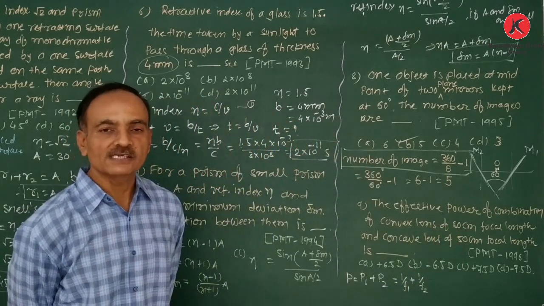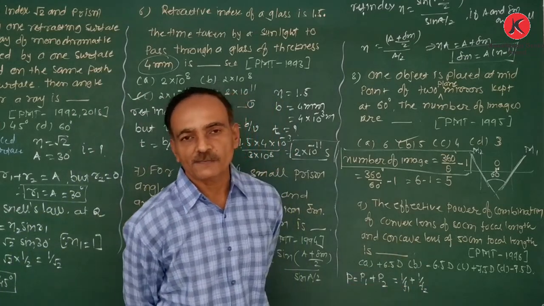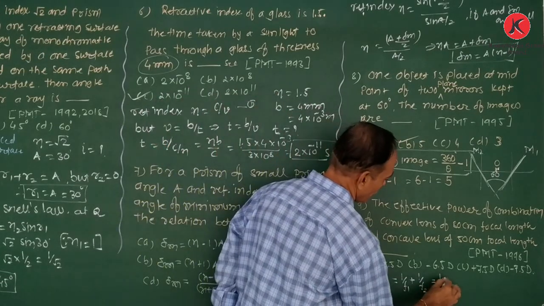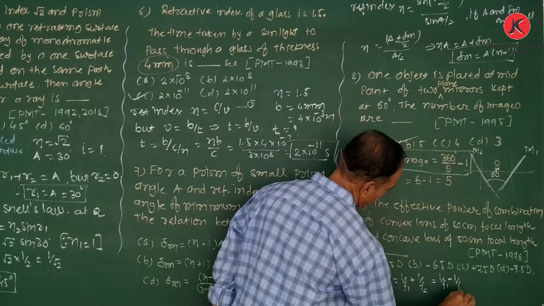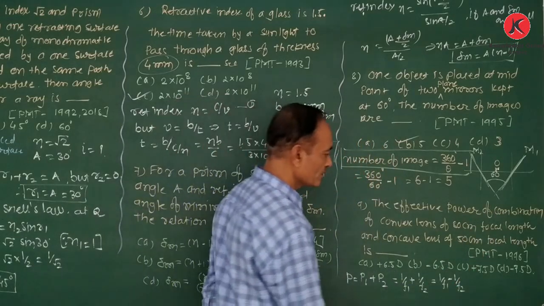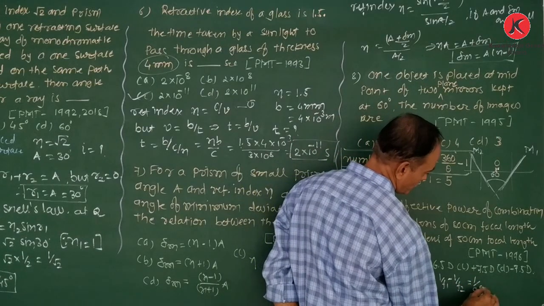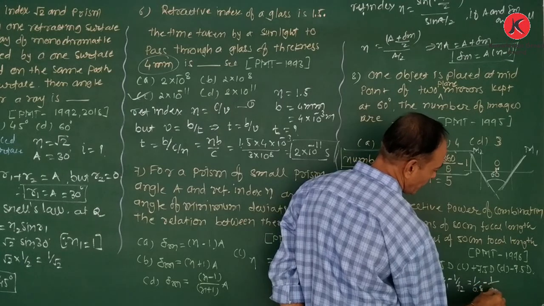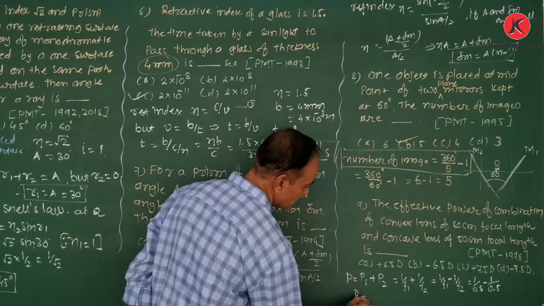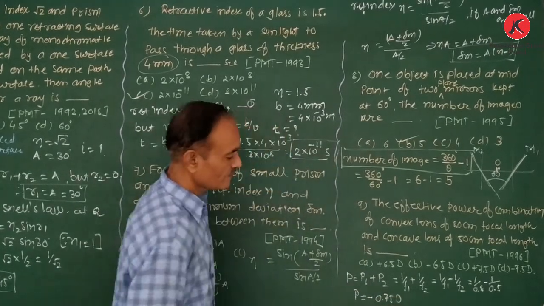Now, f2 is the focal length of the concave lens. The focal length of a concave lens is always negative. Therefore, 1 upon f1 minus 1 upon f2, so 1 upon 0.8 minus 1 upon 0.5. Thus, we obtain the power is equal to minus 0.75 diopter. That is the answer.